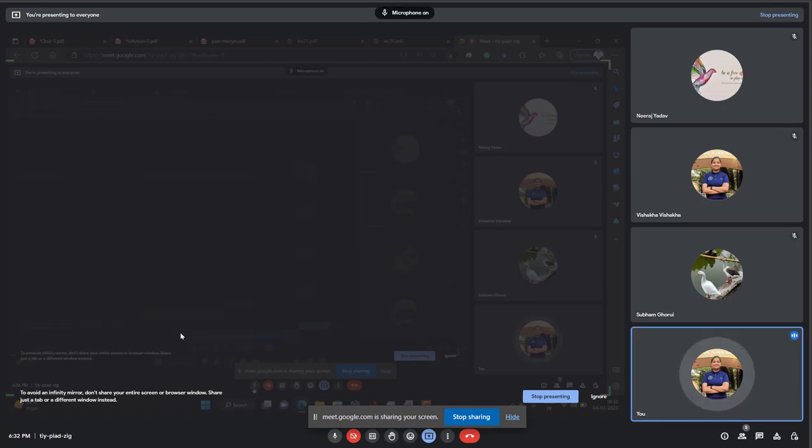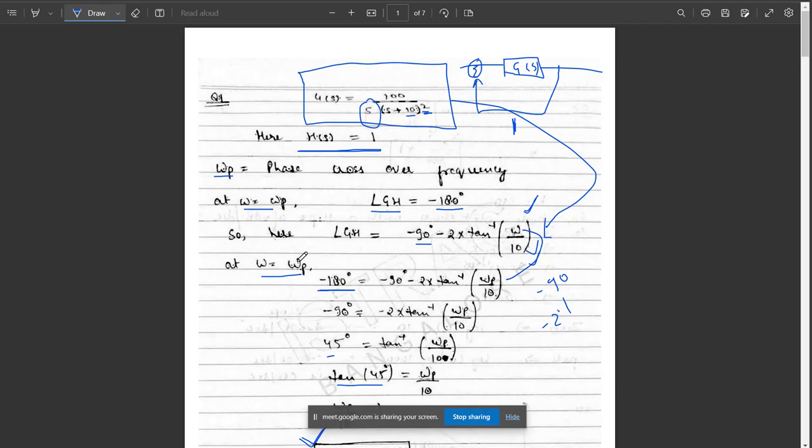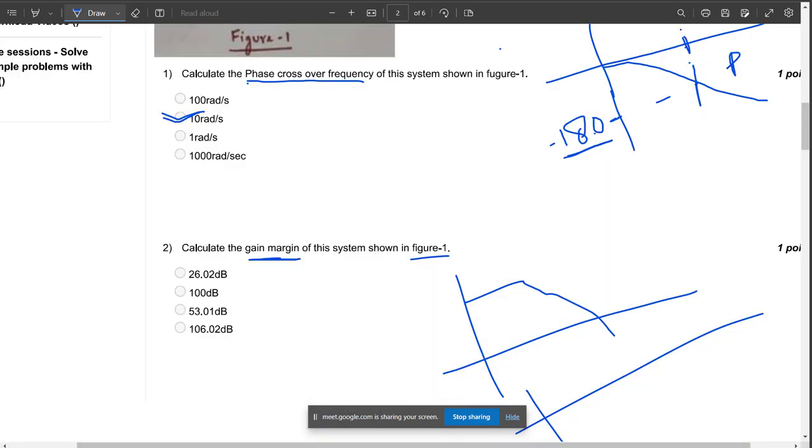You know how to solve for gain, right? So from here you can get mod GH. Let's put it like GH. Mod GH you can find. So for omega equals omega p, you have to find mod GH for the gain margin.